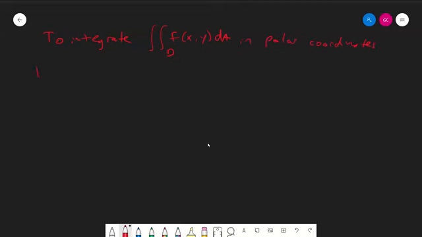Well, first of all, you have to represent D in terms of polar coordinates, in terms of r and theta. Often that's going to be a polar rectangle, something where r is between a and b, and theta is between alpha and beta. Most of the time, if you can't do that, you probably don't want to use polar coordinates.